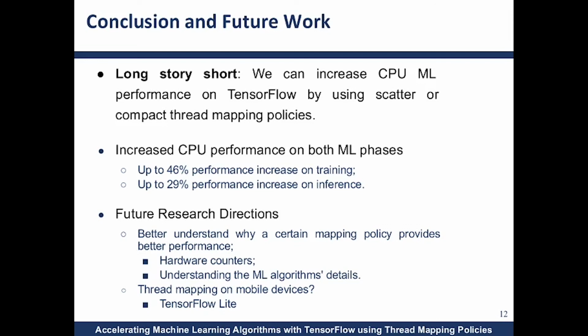This is interesting because machine learning on mobile devices is a hot topic, and we already have some machine learning libraries that run on mobile devices, such as TensorFlow Lite. If you had the option to change the thread mapping policy on mobile devices, what could we expect in terms of performance? It would be quite interesting to increase the performance of mobile applications by just changing one policy.